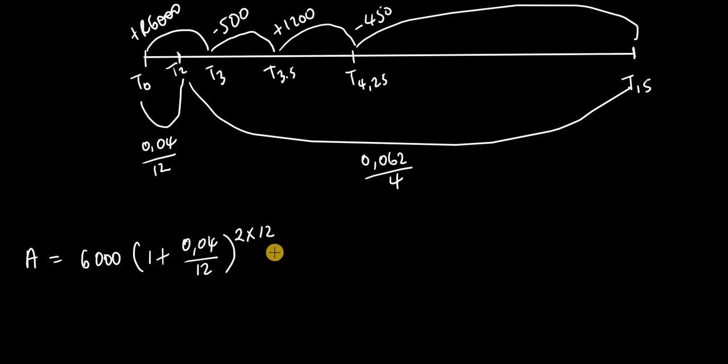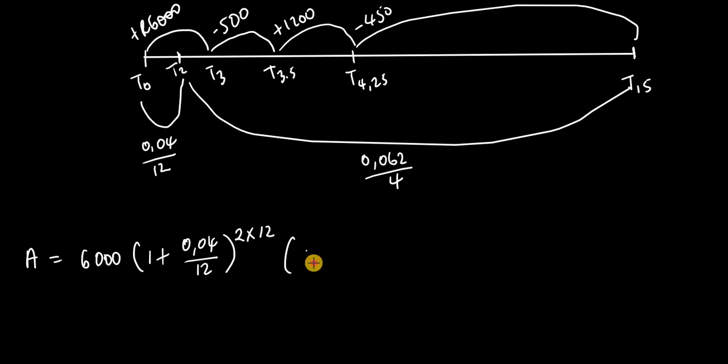Then it changed to 0.062 over 4. The interest changed to 0.062. So from T2 all the way to T15, that is 13 years, and the interest was this. So that's what we're going to do.